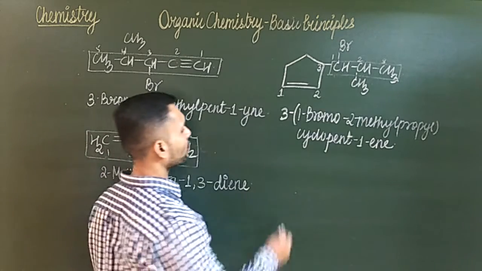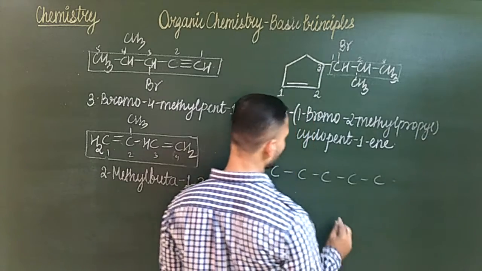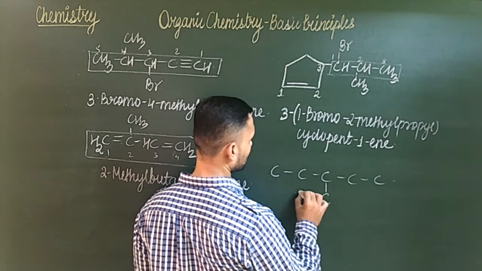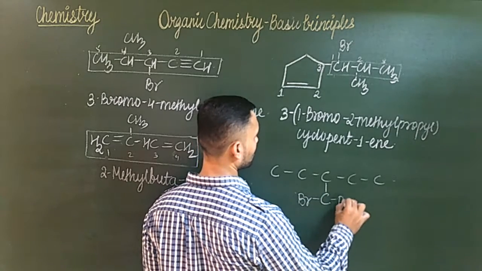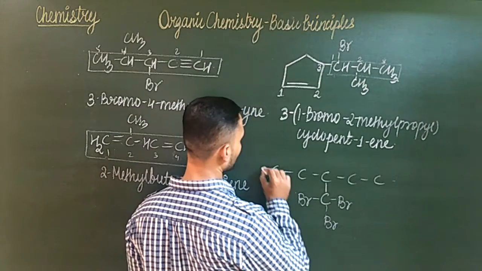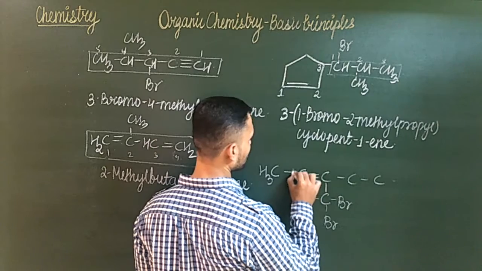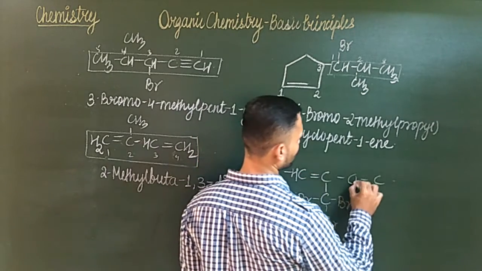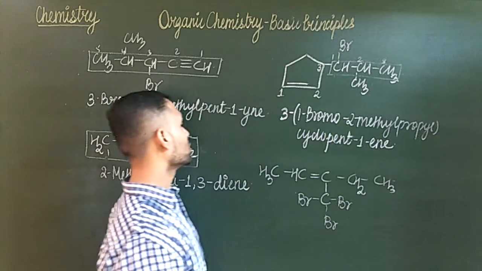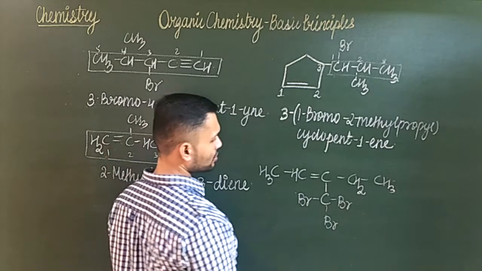Next one, we will also see one more example in this case. Let's see this as C, this is Br, and suppose this is CH3, this is a double bond over here, so this is CH, and suppose I write over here CH2 and here CH3. So what name should this compound get? Simple.